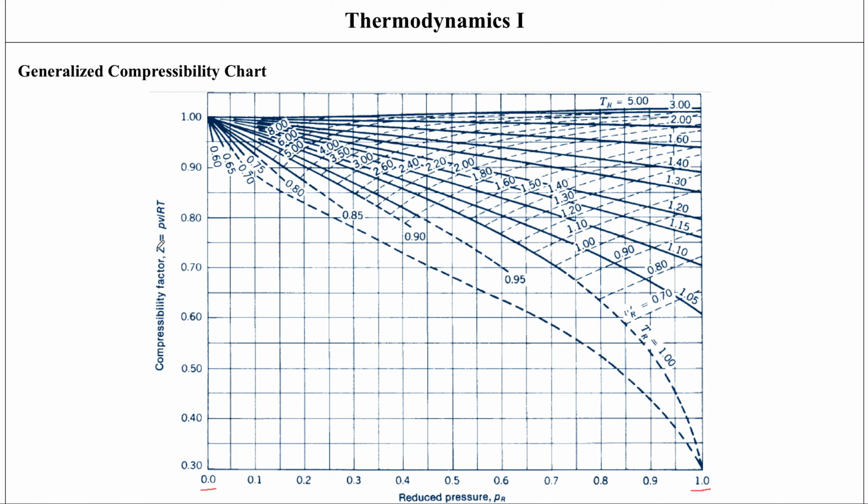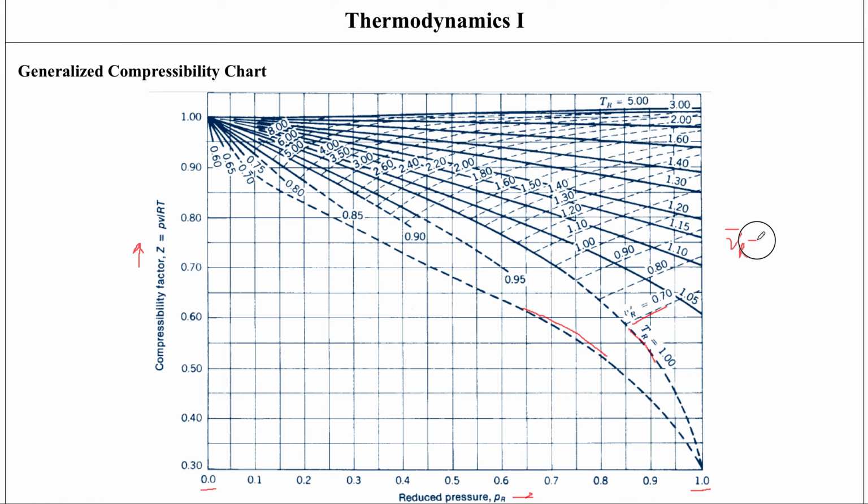So you've got Z on the y-axis, you've got reduced pressure on the x-axis, then you've got these lines that represent reduced temperature, TR, but then you've got another dotted line here as well that is called pseudo-reduced specific volume. So you can work out specific volume as well from the chart.